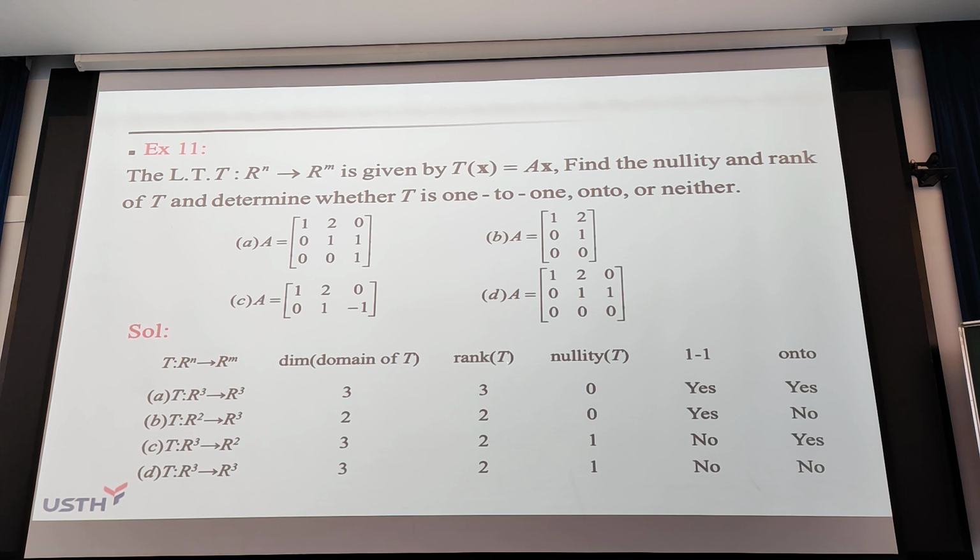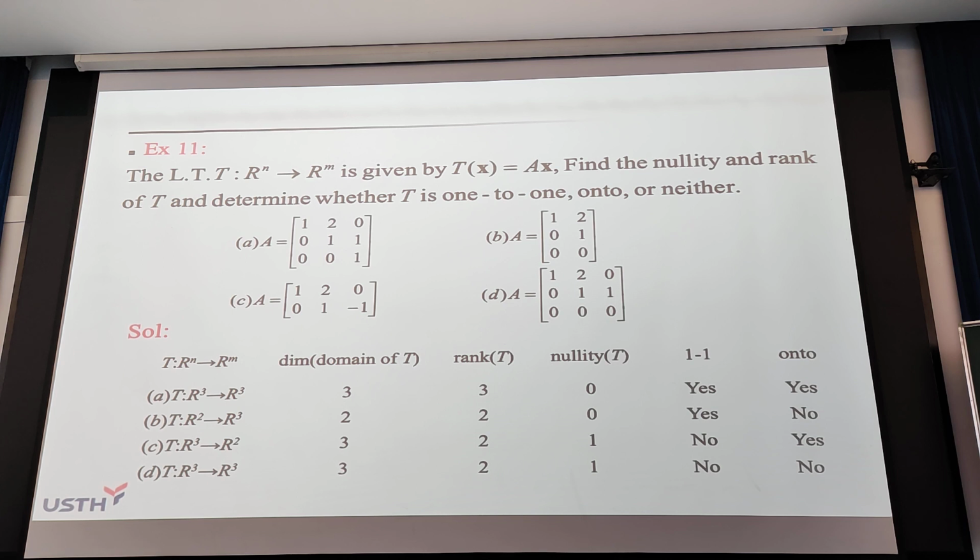The next column will be the rank of T. But we know that because T is given by multiplication of matrices like that, the rank of T equals the rank of A. Fortunately, in our exercise here, all matrices are in row echelon form already.